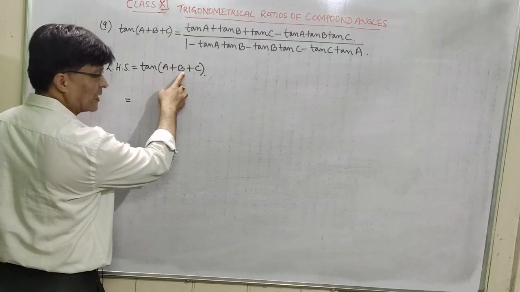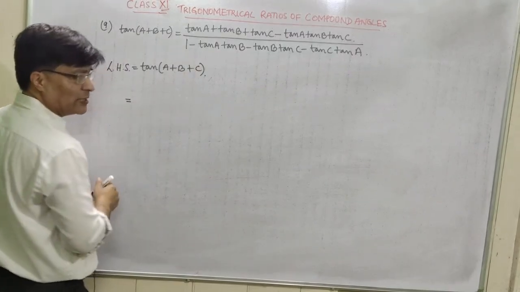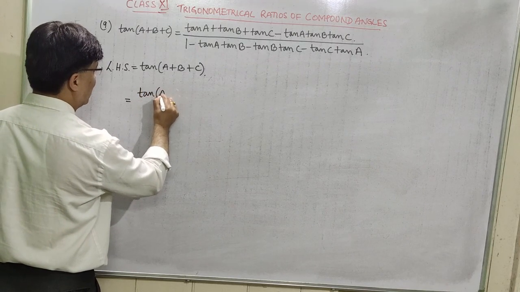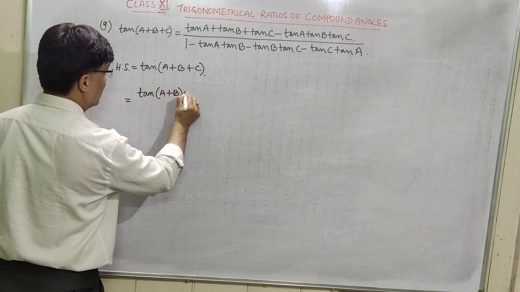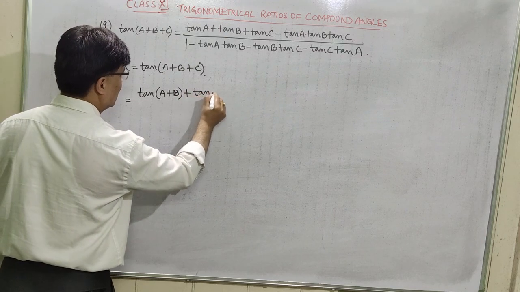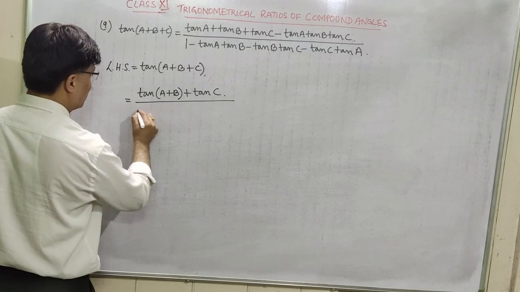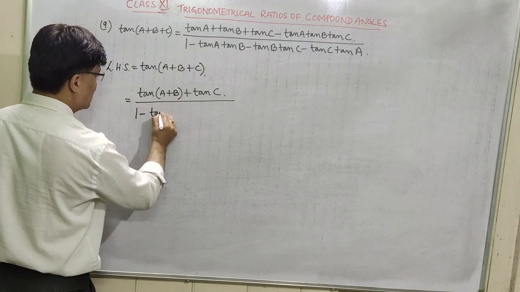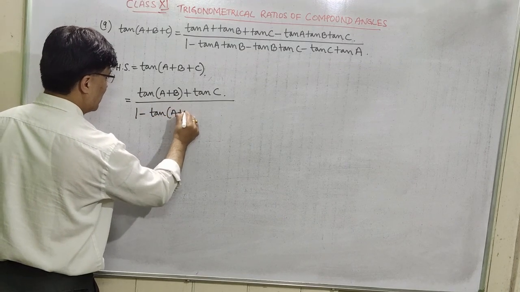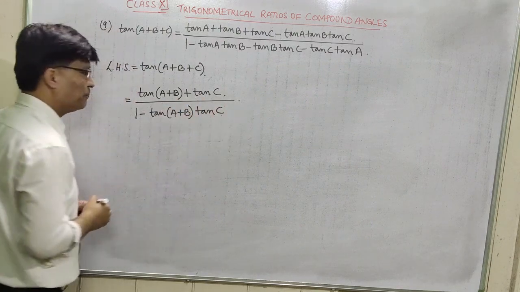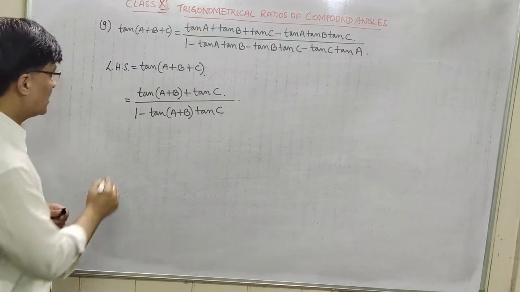Here A plus B is taken as A and this C is taken as B. So what is the formula? Formula is tan of A plus B plus tan C, that is your tan A plus tan B divided by 1 minus tan A tan B. 1 minus tan, what is A? It is A plus B, and what is tan B? It is tan C. So I think you have understood it.